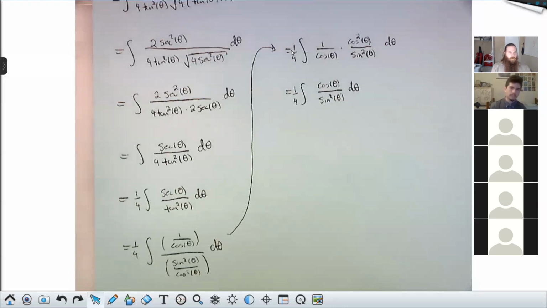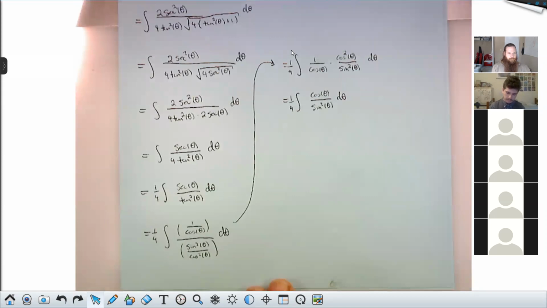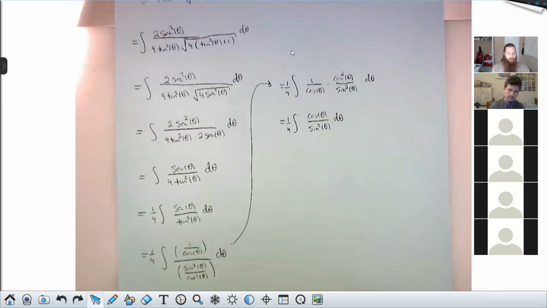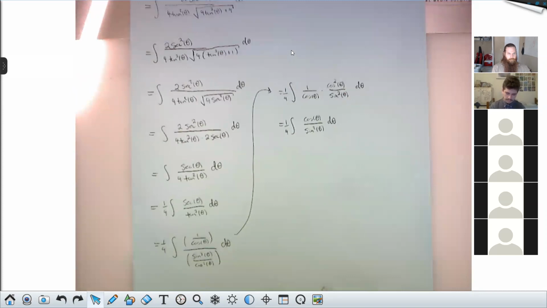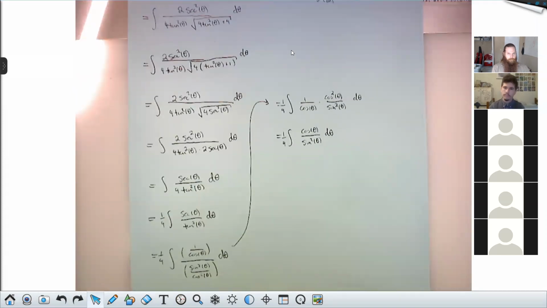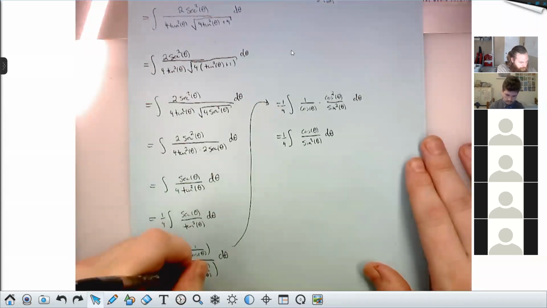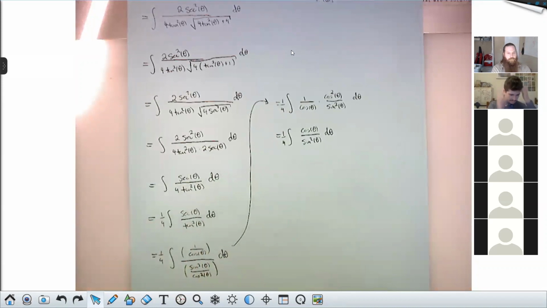So, questions so far? All right. How do I solve this integral?